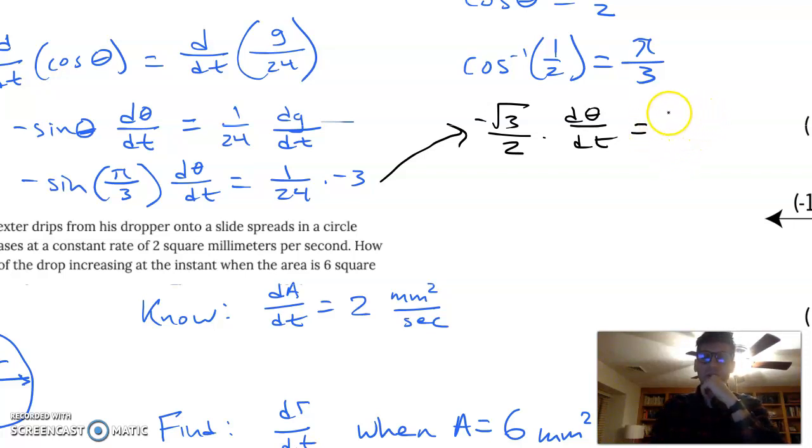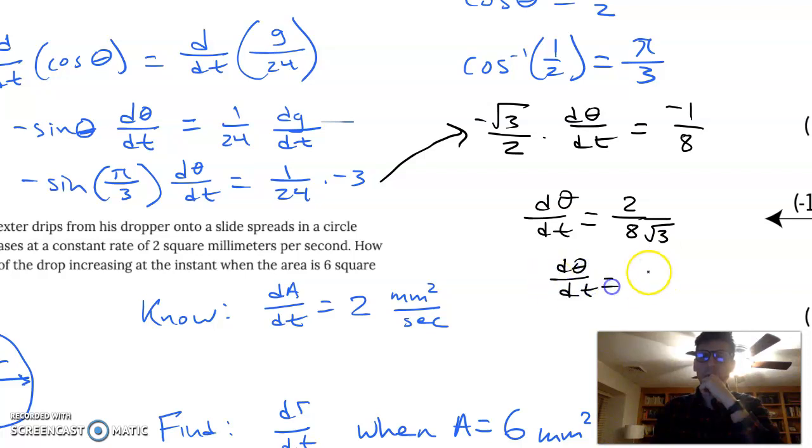Okay, so that would just be negative 3 over 24, which simplifies to negative 1/8, multiplied by the reciprocal d theta dt. So that angle would be changing, so that would become 2 over 8, and then the root 3 in the denominator, which simplifies to 1 over 4 root 3.